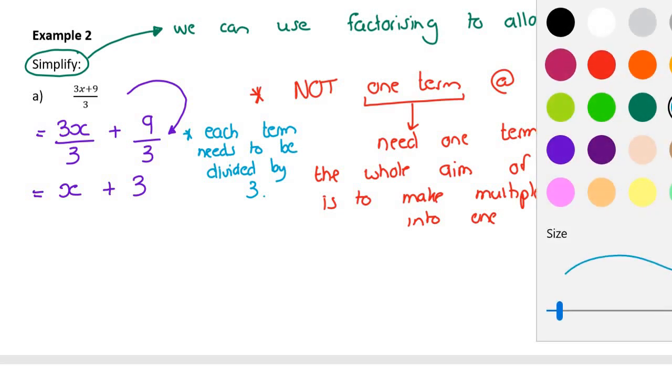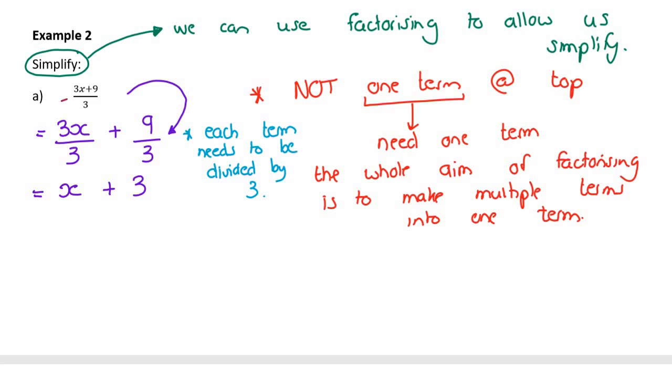What we prefer to do, let me just choose a different color, is to make it one term over one term, we factorize. So I'm going to say or we factorize the top. And then when it's one term over one term, we can do as much cancelling as we want.